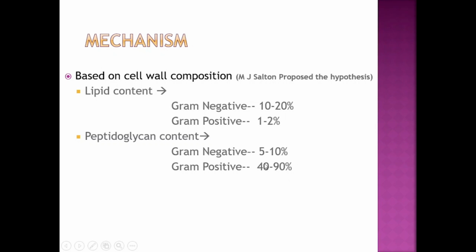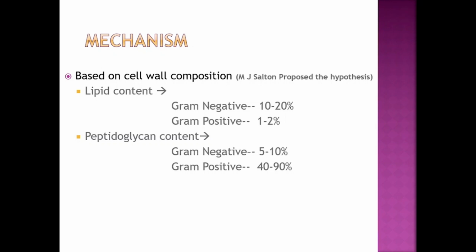The alcohol treatment causes shrinkage of pores in the peptidoglycan layer, and in gram positive organisms, where peptidoglycan content is higher, more shrinkage in pore size occurs. So the porosity of the cell wall decreases, and whatever CVI complex is present inside the cell is retained, and the gram positive cells appear violet in color.